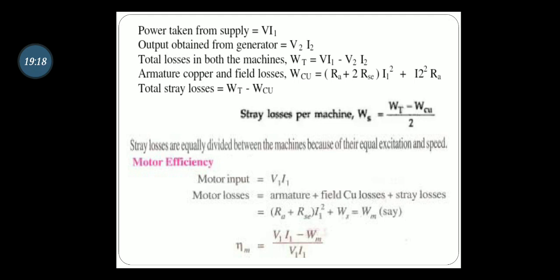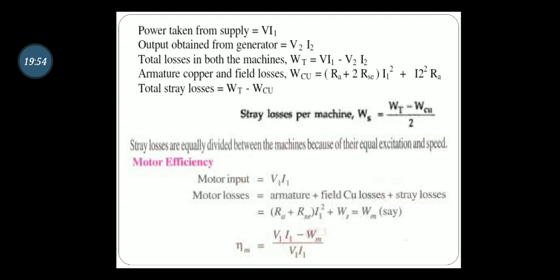Now the power taken from the supply is given by the product of voltage and supply current, the current through the motor, that is I1. This product gives the power taken from the supply. Then the output obtained from the generator is the product of the generator terminal voltage V2 and generator current I2.